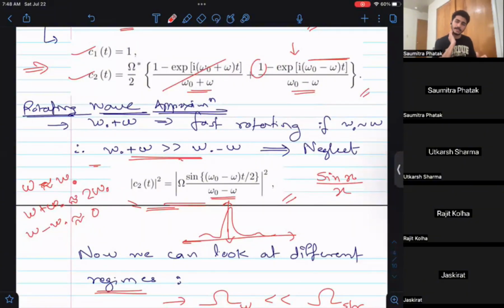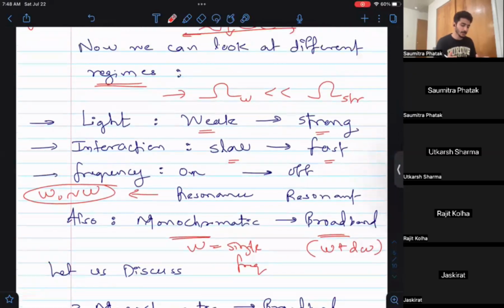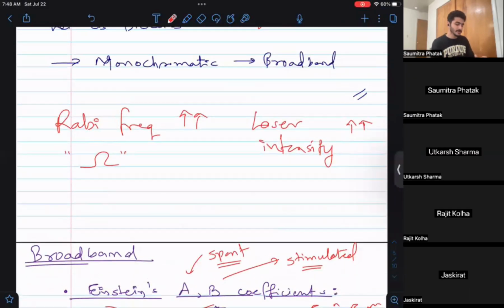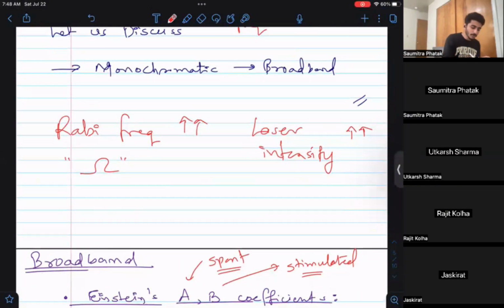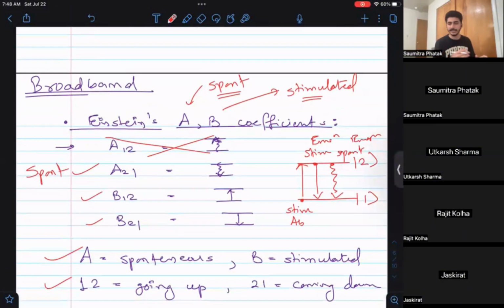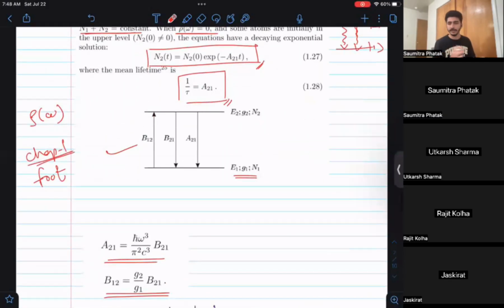So you got the coefficients as a function of time, and later we will look at different regimes: either a weak laser or a strong laser, a shorter interaction time or a larger interaction time, on resonance or off resonance. We will consider all these cases, and we also wanted to talk about monochromatic versus broadband. For broadband radiation, it is really nice to understand Einstein's A and B coefficients. That's why A and B coefficients is what we reviewed today.